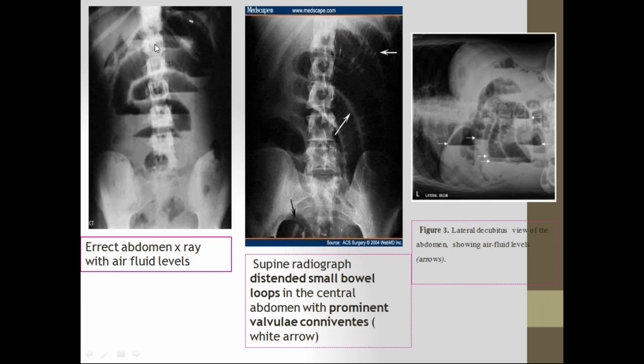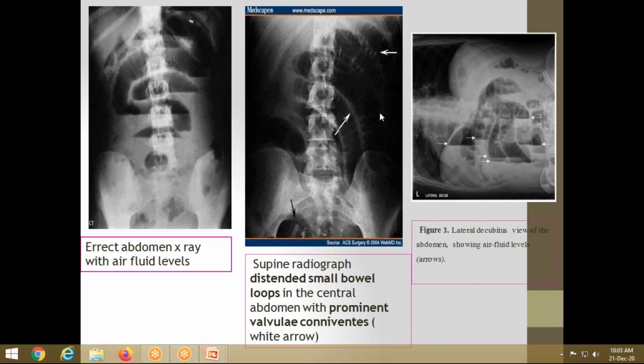This is the X-ray abdomen with air fluid levels. This is a supine view, where this loop of bowel is dilated, a distended small bowel.